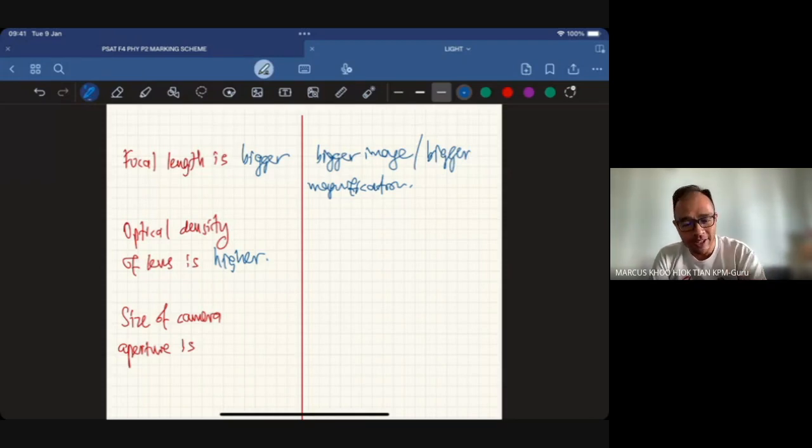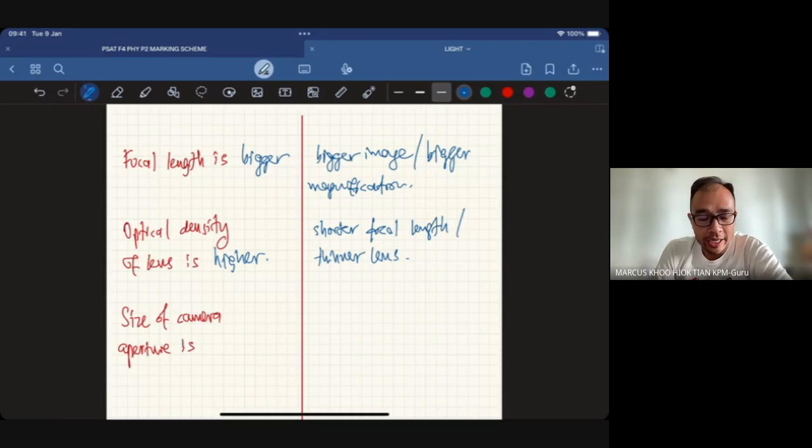And this is where everybody's going to decide. Shorter focal length, or thinner lens. So this seems to be in opposition. On one hand, you want the focal length to be big. On the other hand, you want the focal length to be not too big, because if it is too big, then you get a thicker lens. If it's a thicker lens, then it's a big problem. You cannot have a smartphone camera.